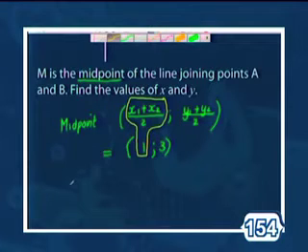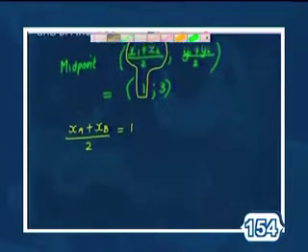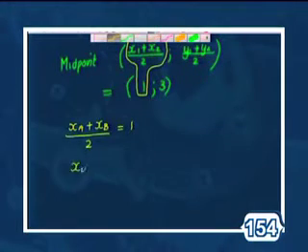So I'm going to say x at A plus x at B over 2 has come out to be the answer of 1. Now if you recall, x at A is a mystery, but x at B is a 4. And they tell us that if we divide that by 2, we get an answer of 1.